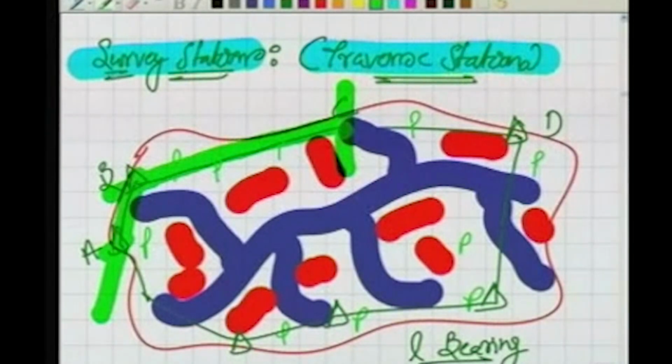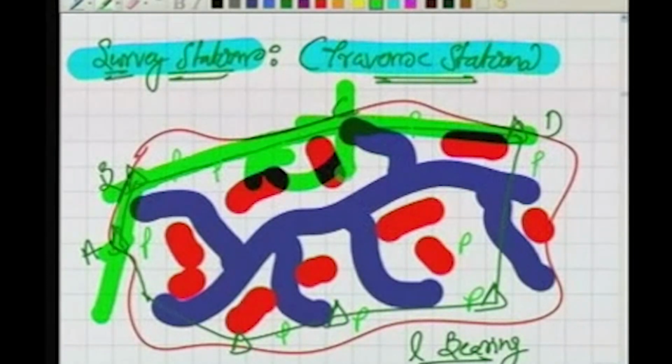Then we go to C, we measure the fore bearing of CD and the length, and the back bearing of CB and the length CD. So at each survey station, we are taking the observations for fore bearing and back bearing as well as the length of the line.